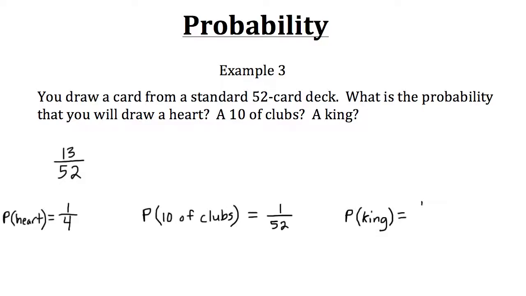So out of the 52 possible cards we could draw from, only 4 would give us a king. So the probability of drawing a king would be 4 out of 52, or we could reduce that fraction to be 1 out of 13. So there's a basic introduction to theoretical probability.